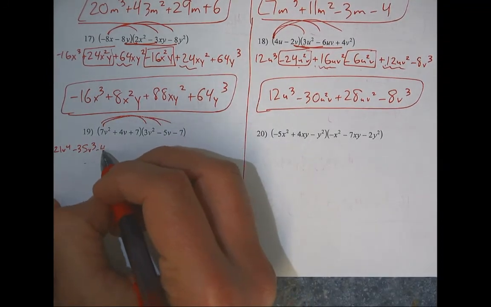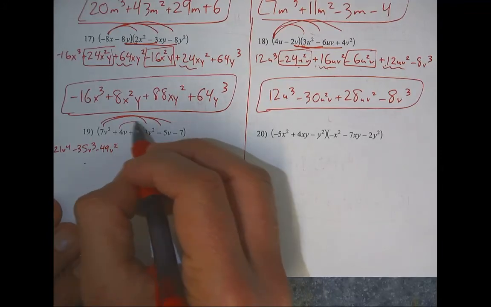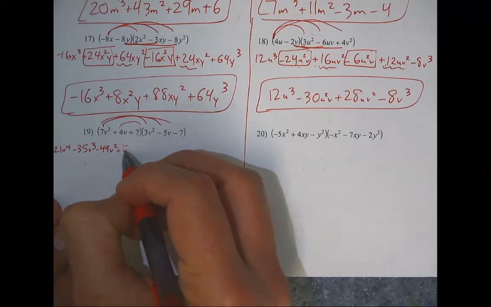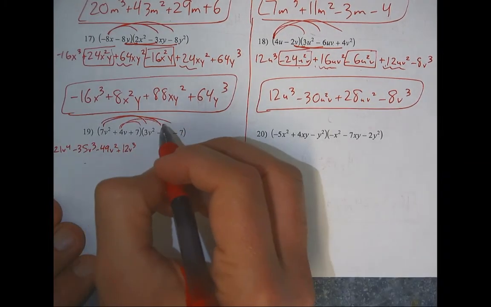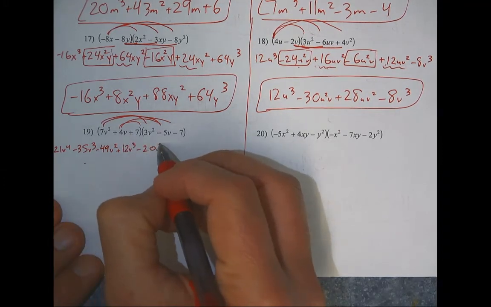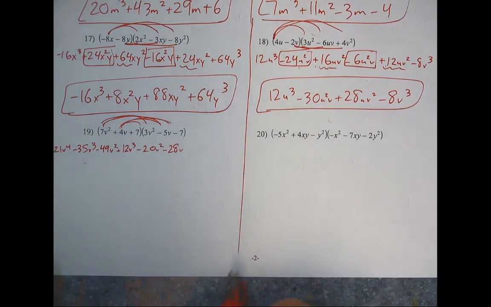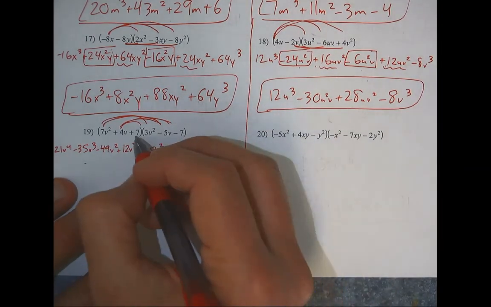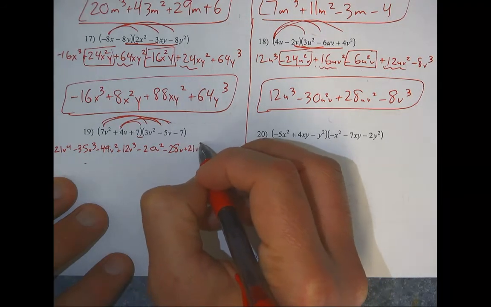And that's negative 49v squared. How about the 4? Positive 12v to the third. Negative 20v squared. Negative 28v. I think we're going to be able to squeeze this in. Positive 21v squared.